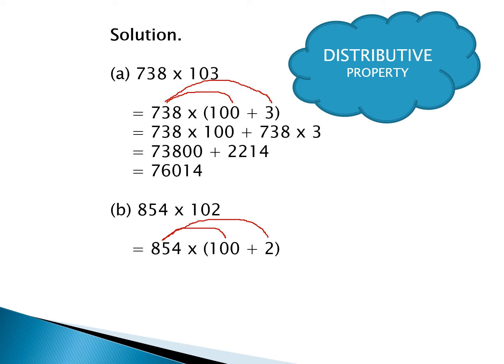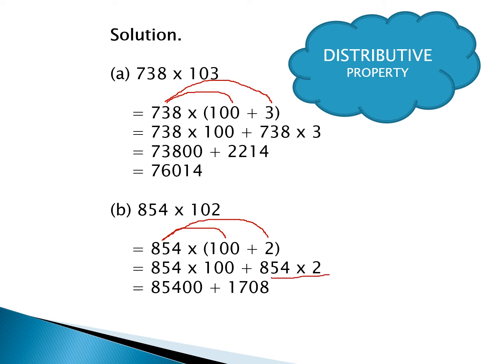So now your question can be written as 854 multiply 100 plus 854 multiply 2. Now we have to solve this first. 854 multiply 100, we will get 85,400, and by multiplying 854 by 2, we will get 1708. Now we have to add these two terms to get our final answer, which is 87,108. Dear children, are these two questions clear to you?